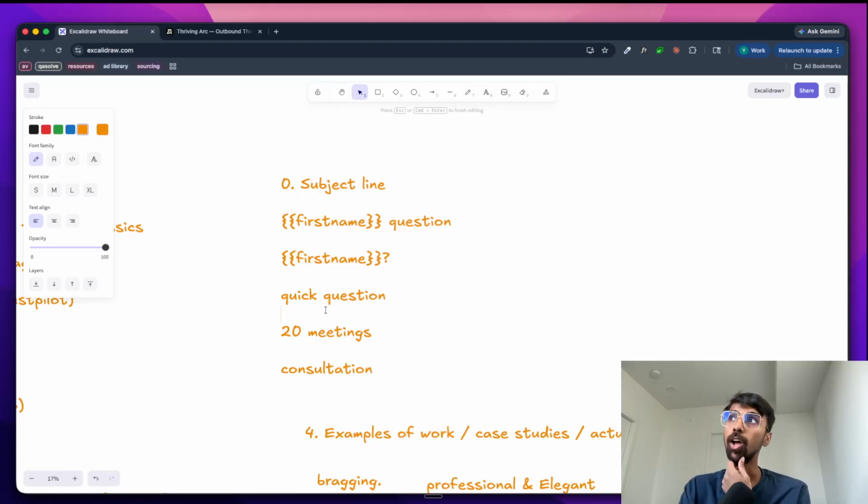It should not look like a cold email. Most people will just delete the email or mark it as spam if they see something like, book 5 meetings in all caps, or get 20 leads.